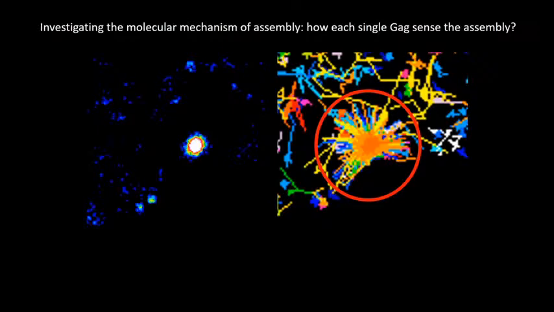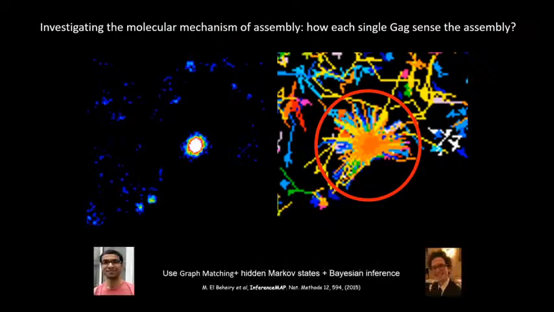For that reason, we went to Jean-Baptiste Masson and Mohamed El-Beiri, who previously developed a new method based on hidden Markov states and Bayesian inference called the Inference Map, which gives you the ability to analyze the trajectory based on the probability they have to be the same at step n plus 1 compared to step n.